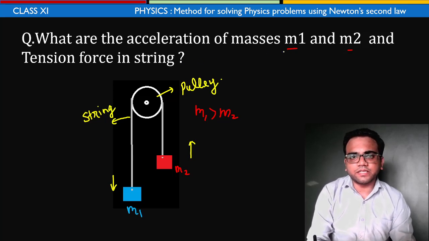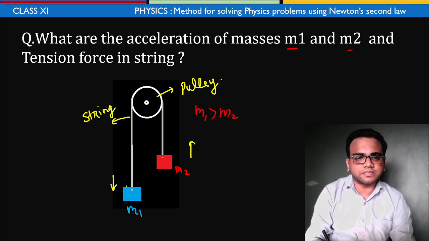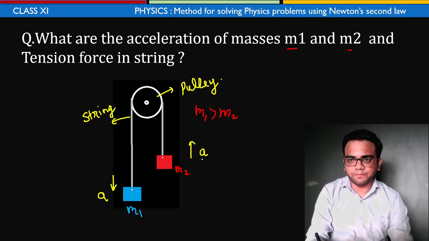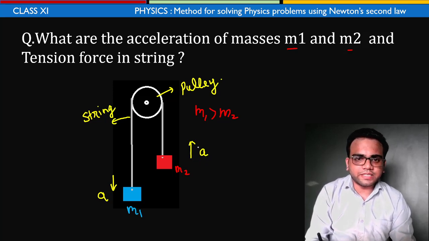We are finding the acceleration of the masses. Let us consider the acceleration of this mass is downward and this mass's acceleration is upward. You can see the accelerations of both masses are the same. Why are they the same?